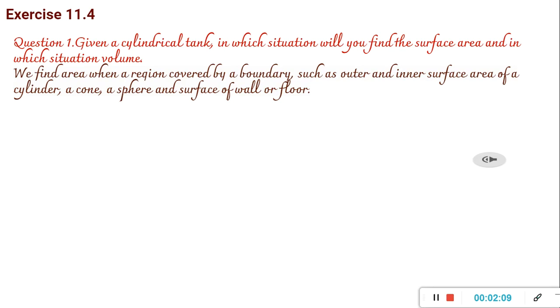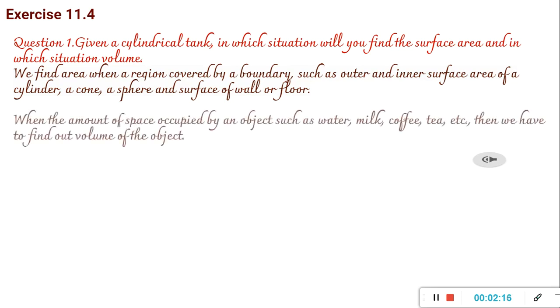Then only we find the surface area of an object. Now for volume, it is the amount of space occupied by an object such as water, milk, coffee, tea, etc. Then we have to find out the volume of the object, right?